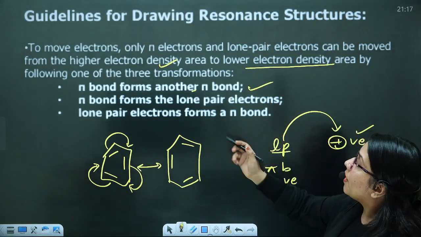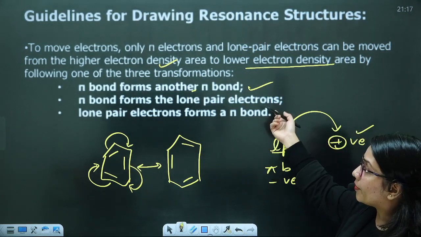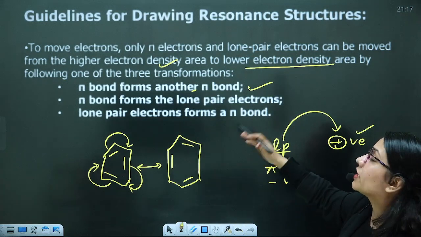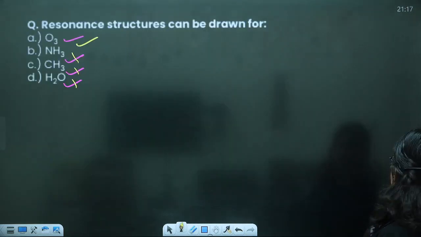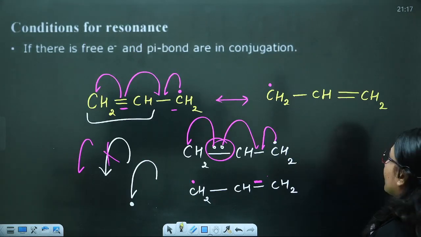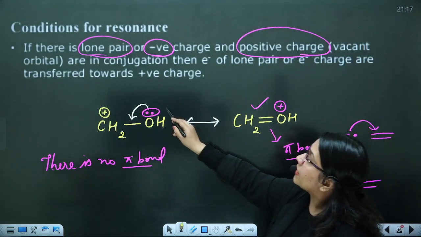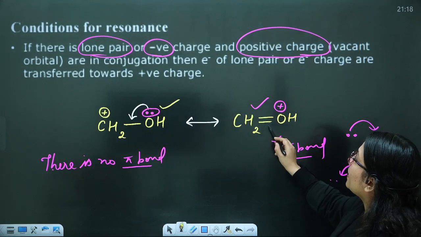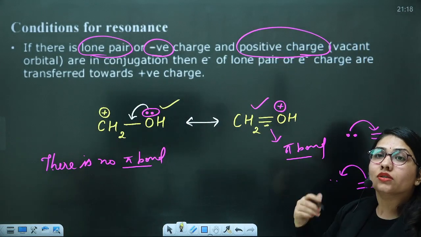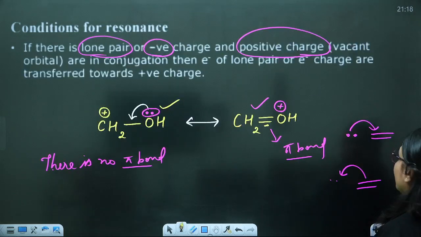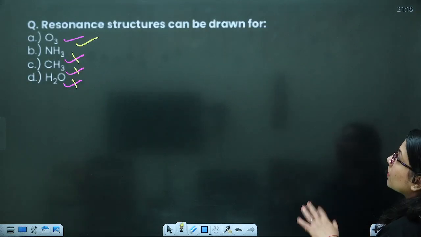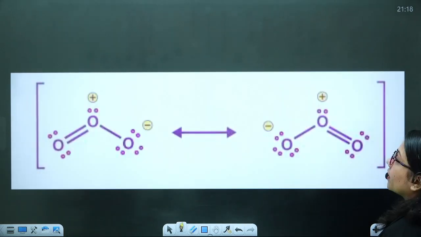A pi bond can form a lone pair, or a lone pair of electrons can form a pi bond, as we have seen in one of the structures. Here we can see that this lone pair made a pi bond here. So a pi bond can be made by a lone pair of electrons, and a pi bond can convert into a lone pair of electrons.